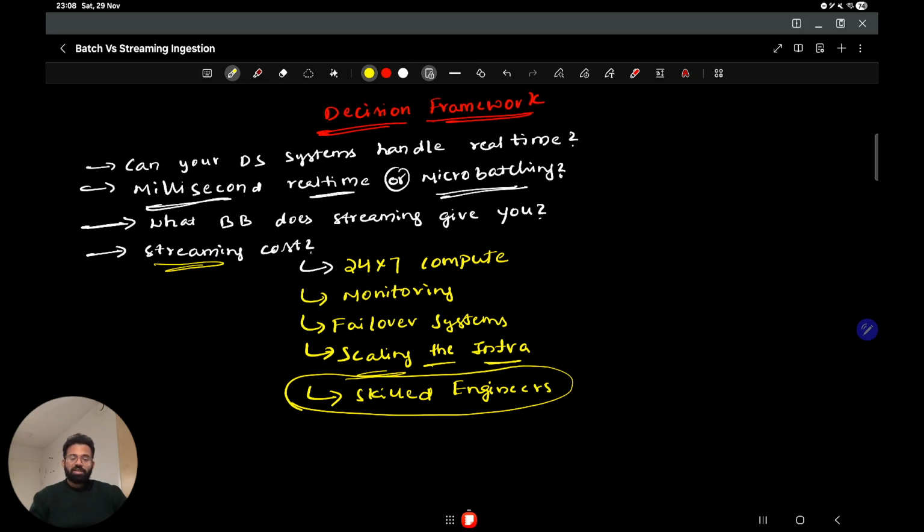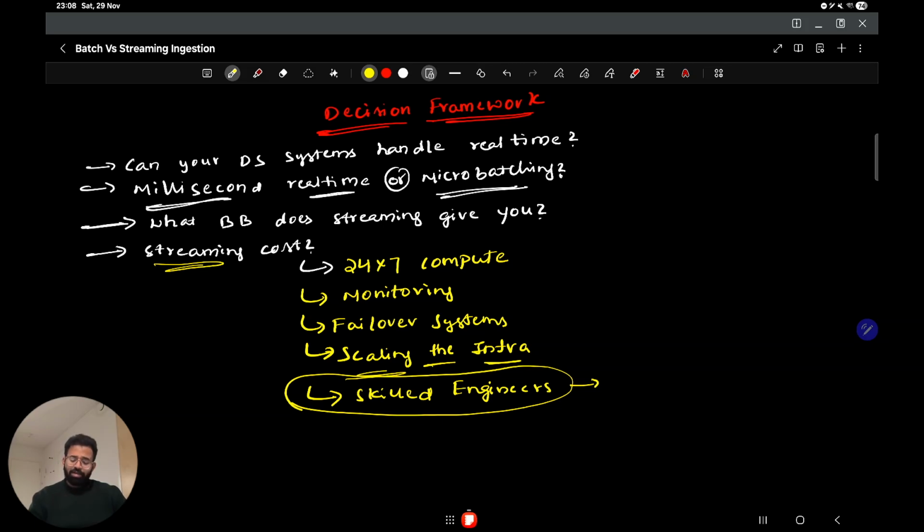People think in terms of technology and tools, but skilled engineers actually understand the fundamentals and basics behind all the data concepts and software engineering concepts, and that's really important. Streaming also requires skilled engineers who know about distributed systems, and of course, skilled engineers are pretty costly to get. They're not cheap at all.